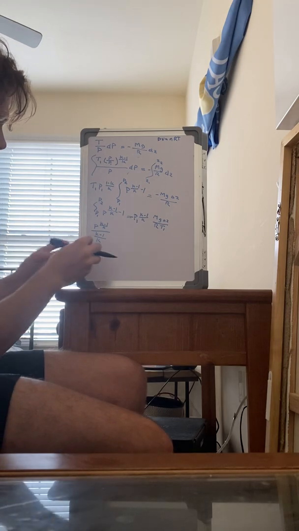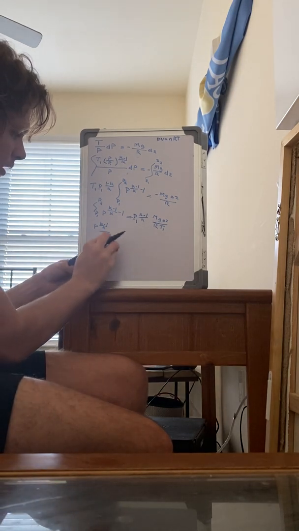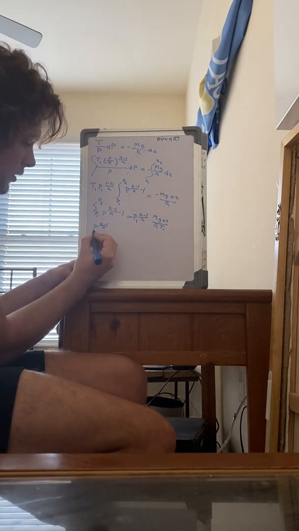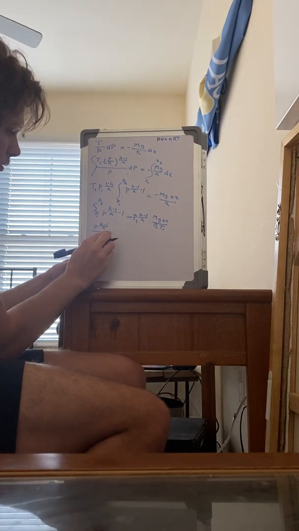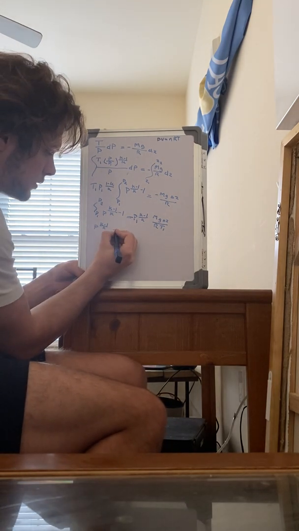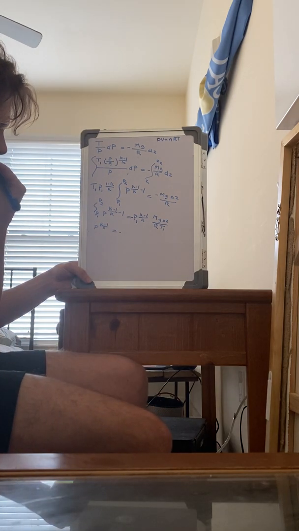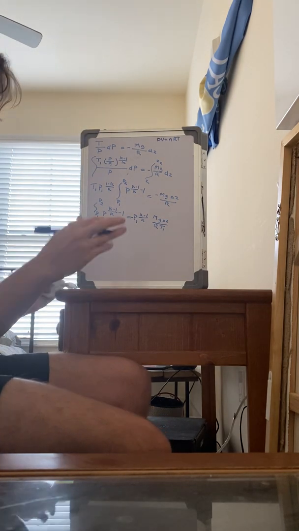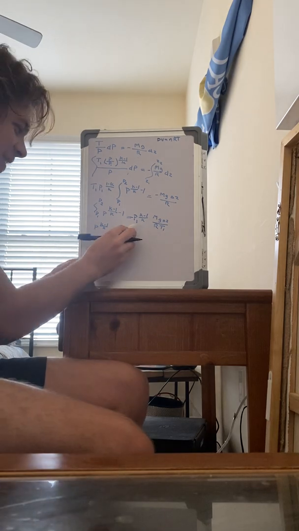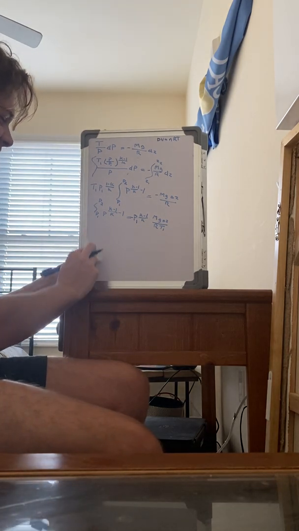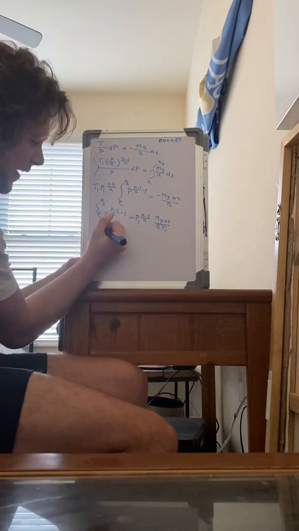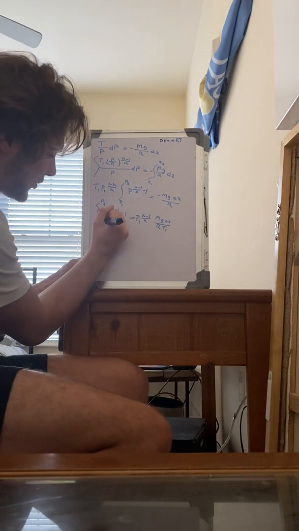And then I can move my multiply by K minus 1. So I get this equals negative. Oh, I completely, hold on. I did not even, all right, I didn't evaluate the integral, I just integrated it.